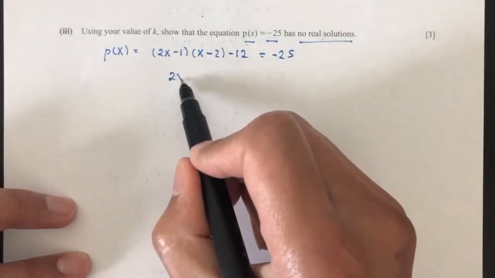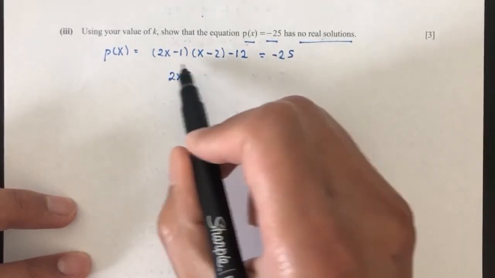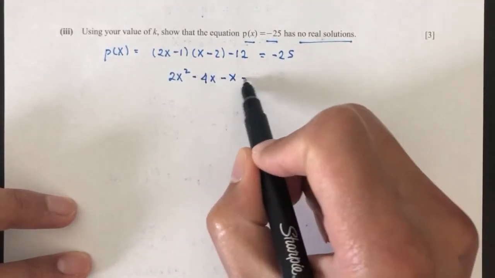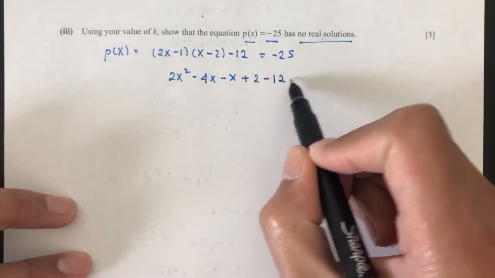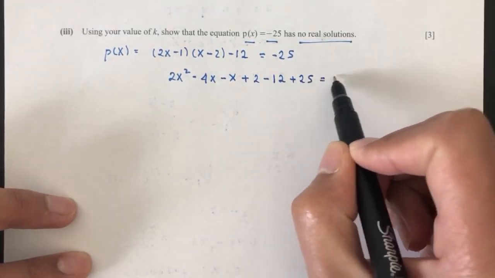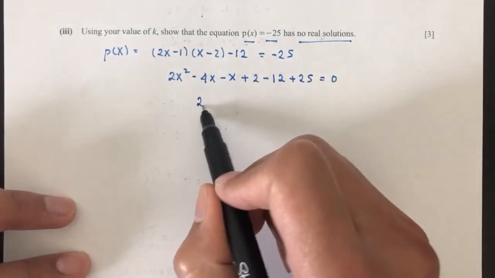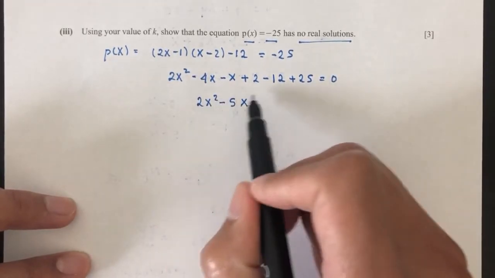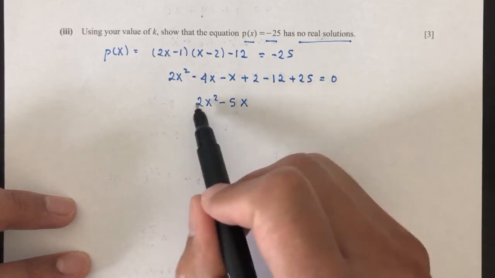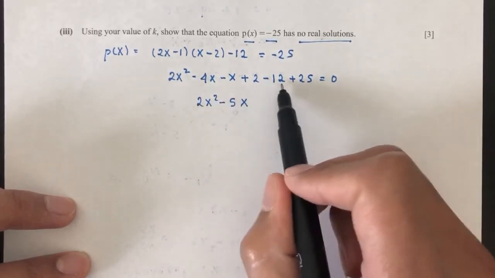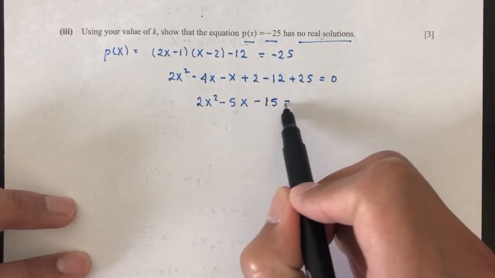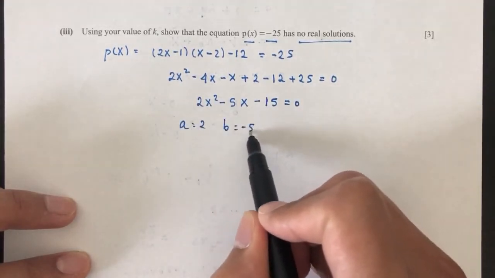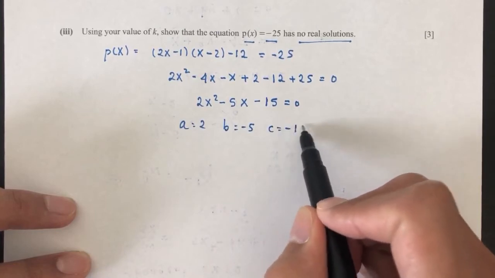We have 2x squared minus 4x minus x plus 2 minus 12 plus 25 equal to 0. So simplify. We have 2x squared minus 5x minus 15 equal to 0. So a is equal to 2, b equal to minus 5, and c equal to minus 15.